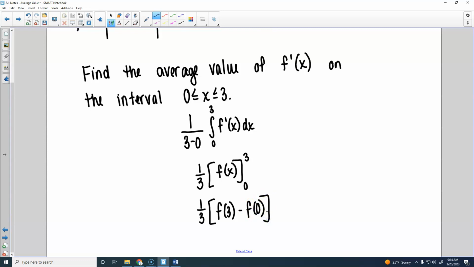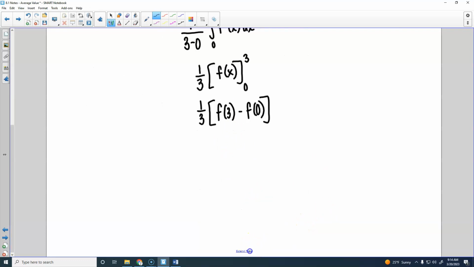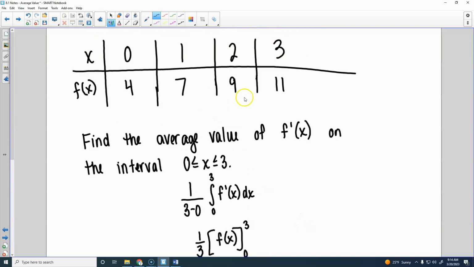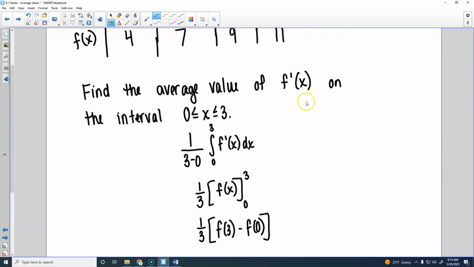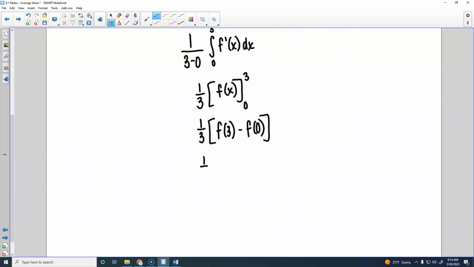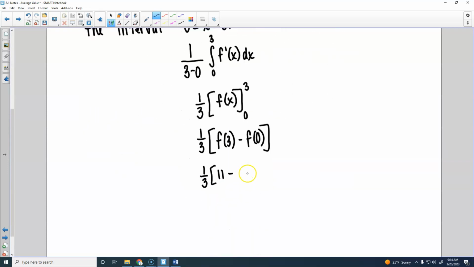Because this right here means your change in f from 0 to 3. That's what it finds. And so then these values can be pulled from the table. So 1/3, 11 minus, what was it, 4? Which does give you 7, so you get 7/3 for that.